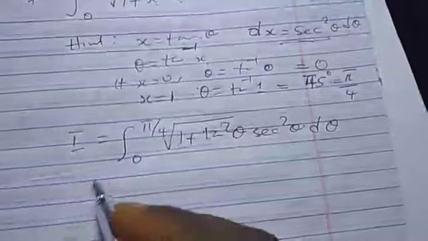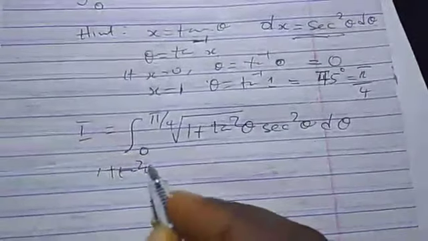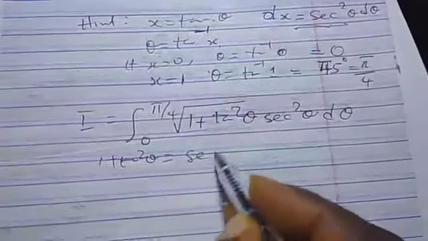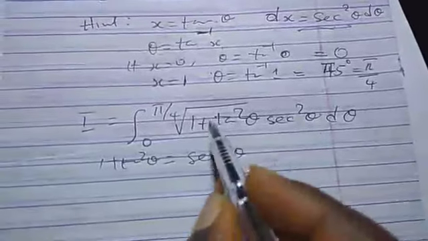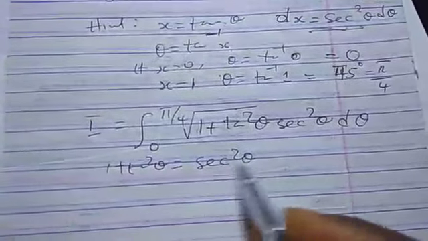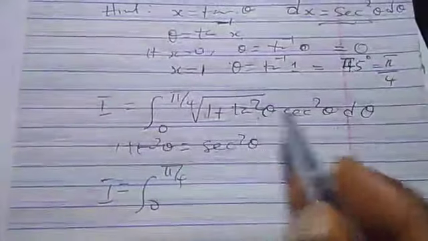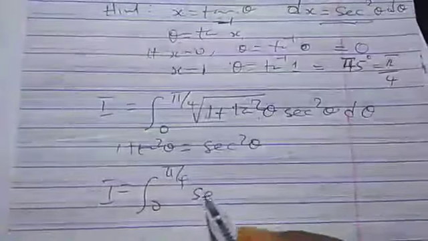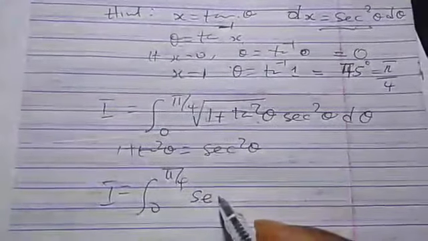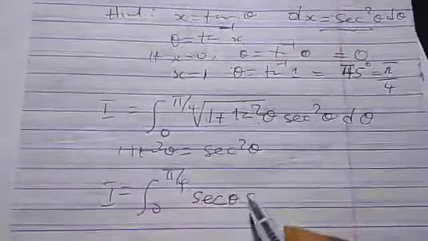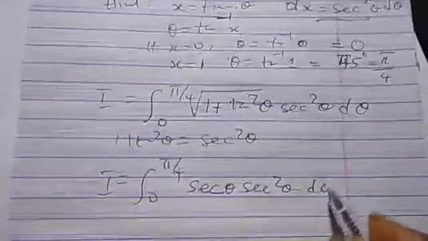But we have done all this before. 1 plus tan squared theta will give me sec squared theta, and the square root will give me ordinary sec. In that case, what we are going to have is just sec times sec squared, to be sec cubed, or we can say sec theta times sec squared theta d theta.